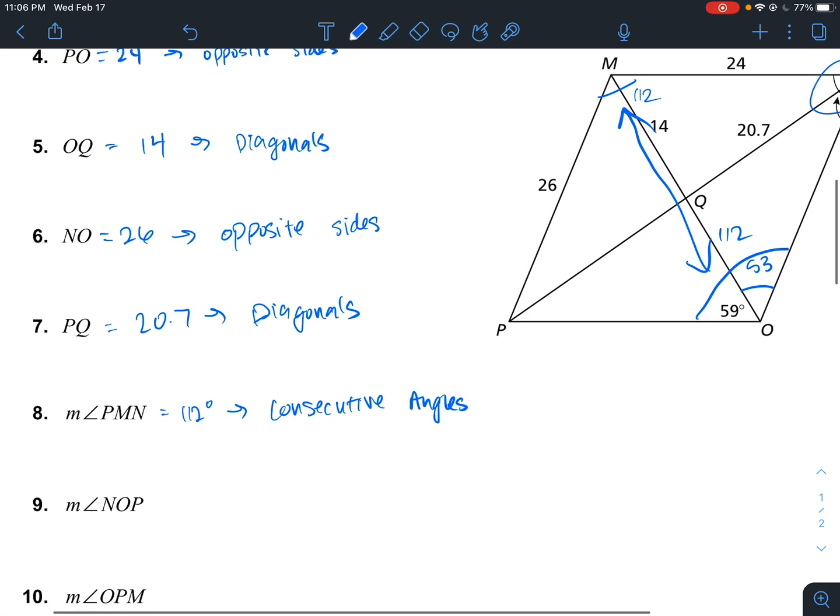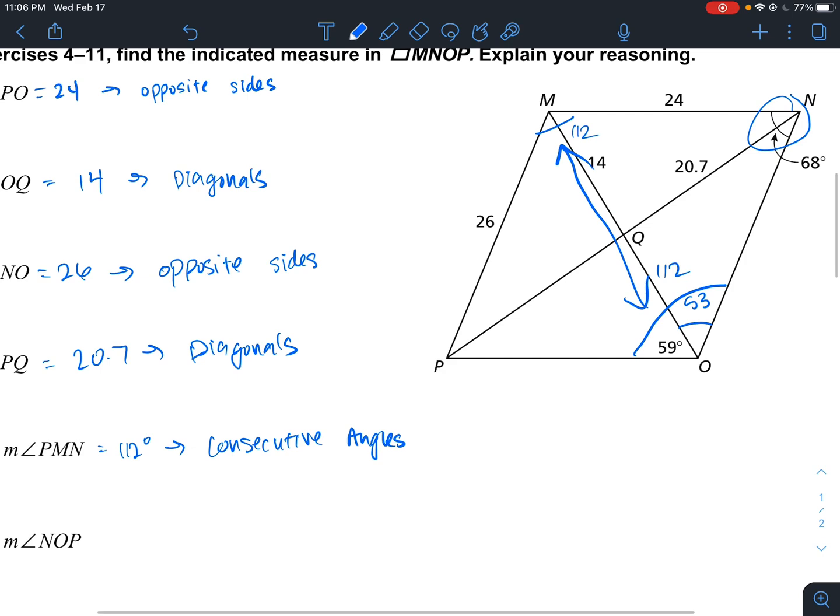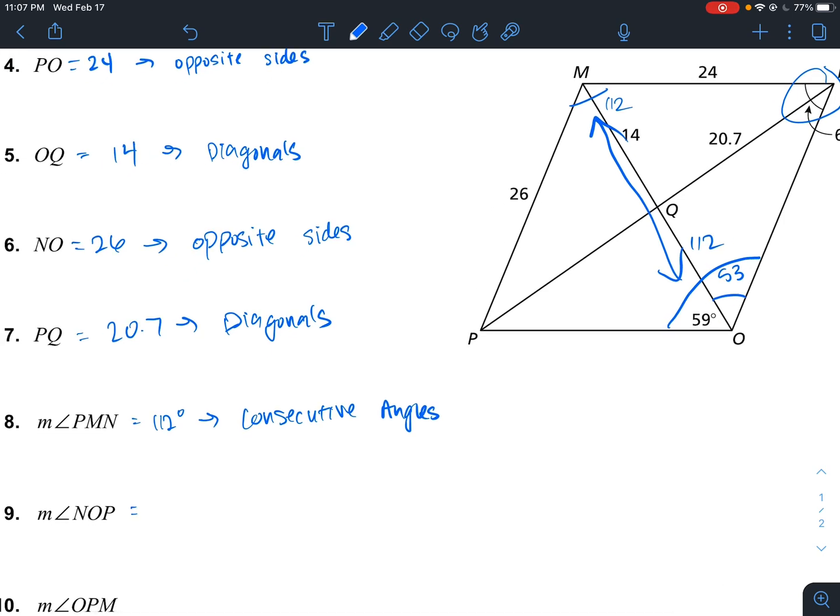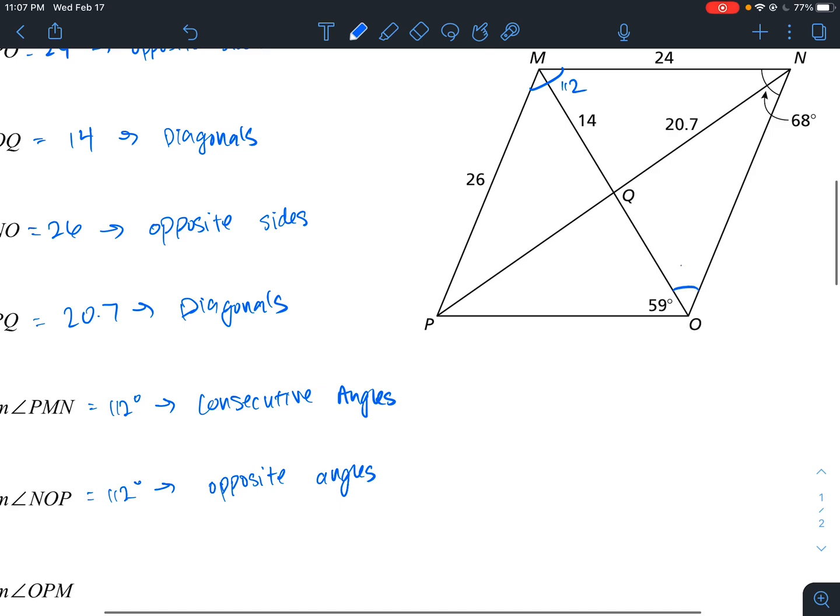So I know that NOP is equal to 112, and that's from opposite angles. Or you could say from consecutive angles are supplementary. So here I got 112. This was 53. The total was 112. I know that this is 68.